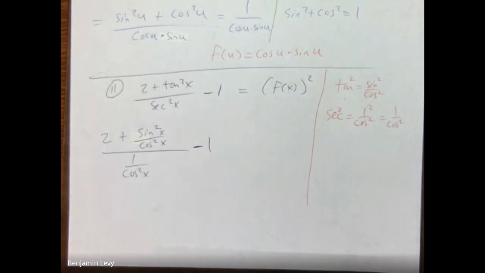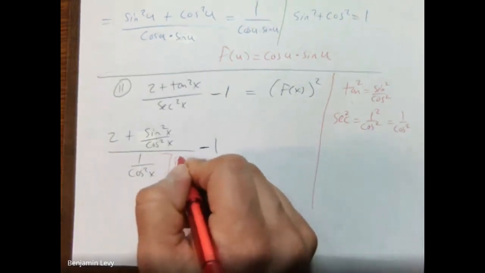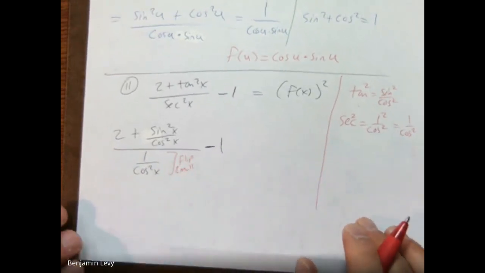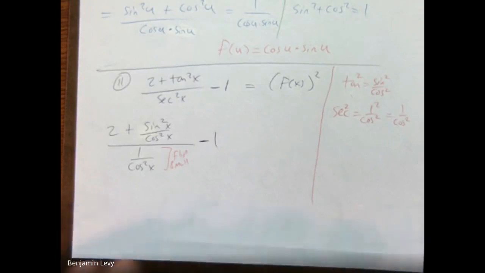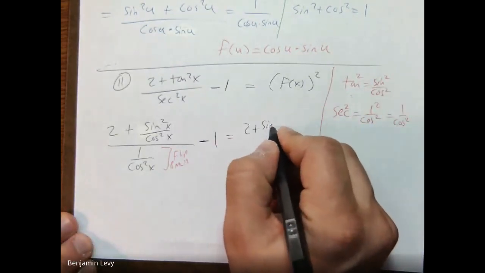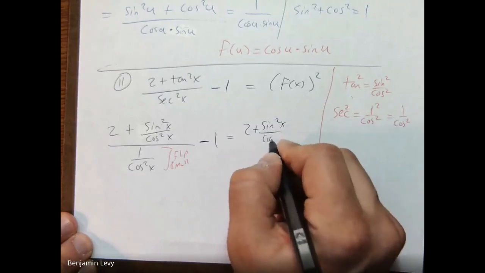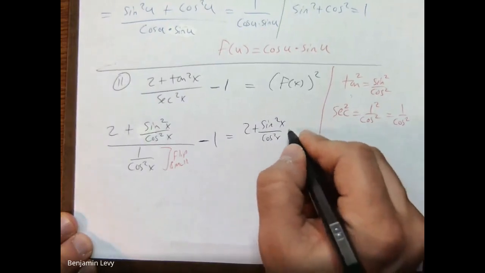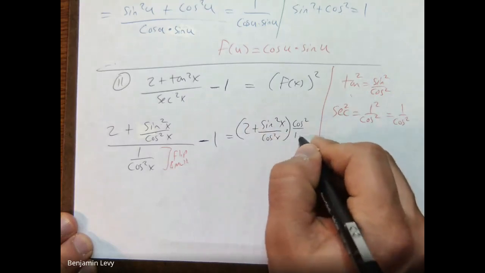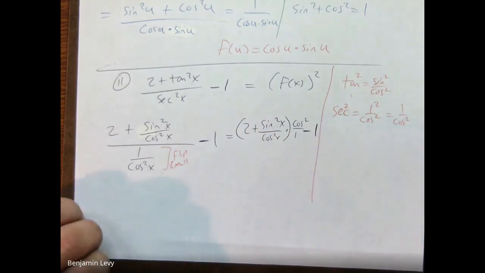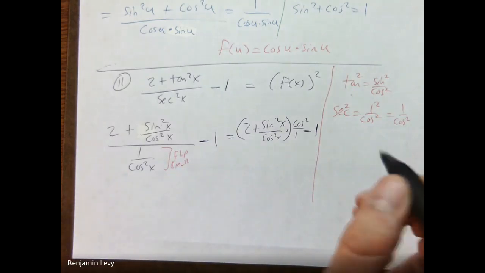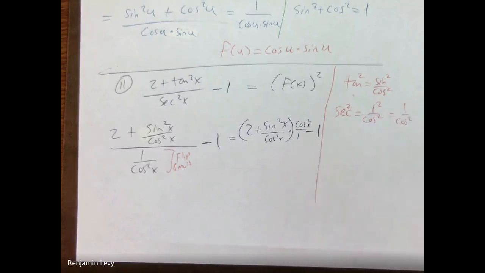Okay, so then we're dividing by a fraction. So we're going to flip this, and we're going to multiply it. And so when that happens, it looks like this. And so I flip the 1 over cosine squared, and I'm multiplying it.